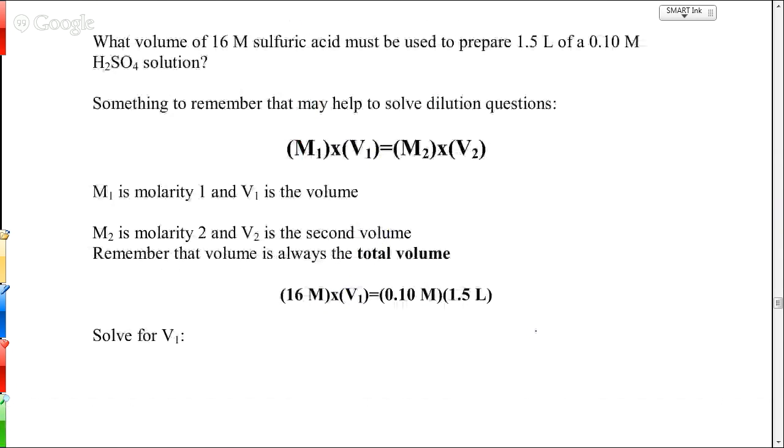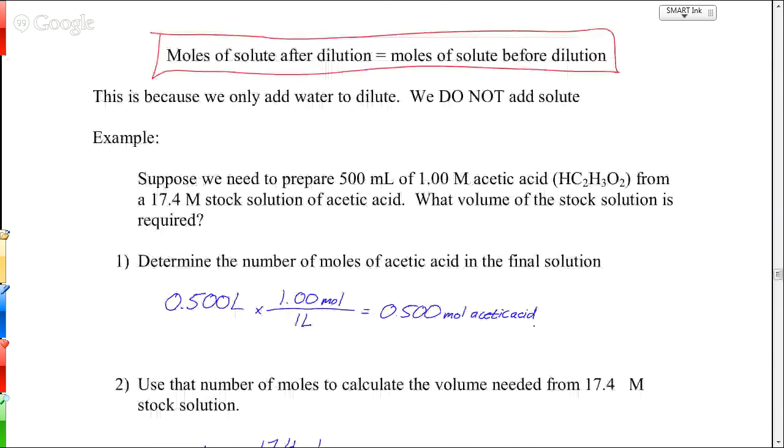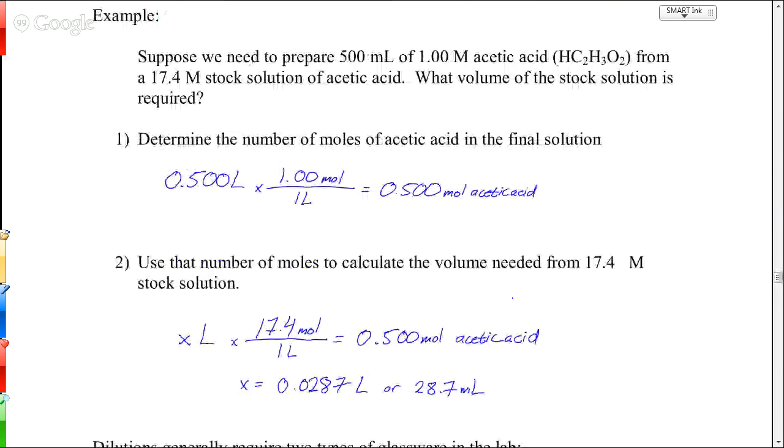I don't know if you've seen this equation before, M1V1 equals M2V2. What that is essentially doing is setting these two things equal to each other. You'll notice that on this side we have 0.5 moles acetic acid, and on this other side we have 0.5 moles acetic acid. So the volume times the concentration has to equal the volume times the concentration.